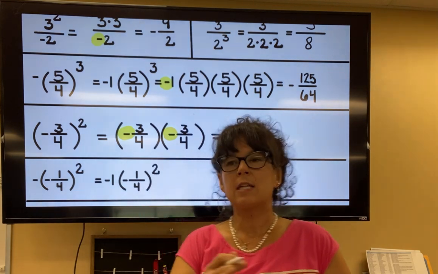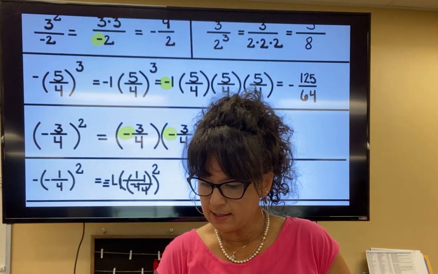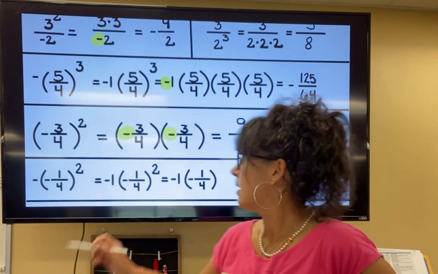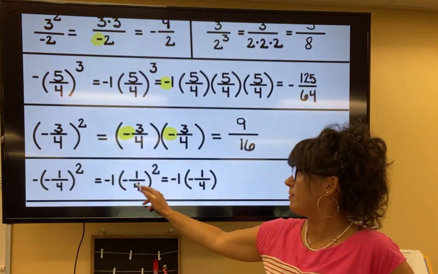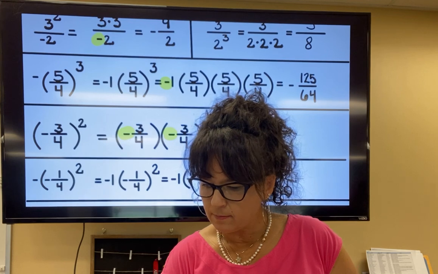But what I'm doing is going to just expand. So if I expand, I have my -1, I have my -1/4 squared, so I have two of them.